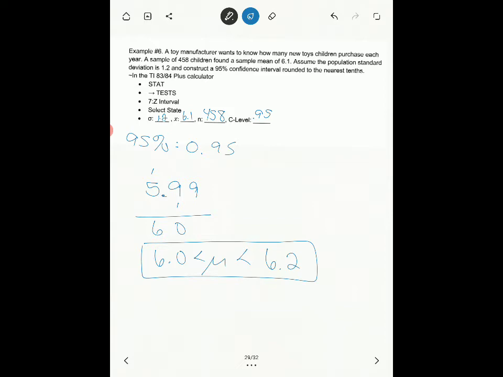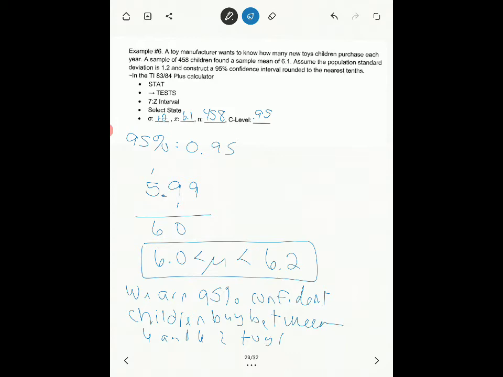And so we would say we are 95% confident that children buy between 6 and 6.2 toys. But I mean, for this one, because you're not going to really buy part of a toy, you could just interpret it and say children buy about 6 toys.